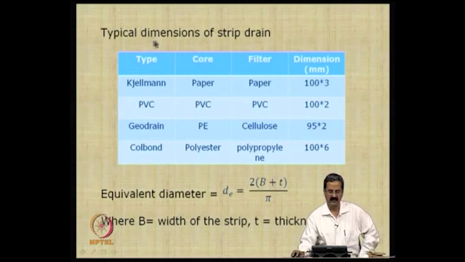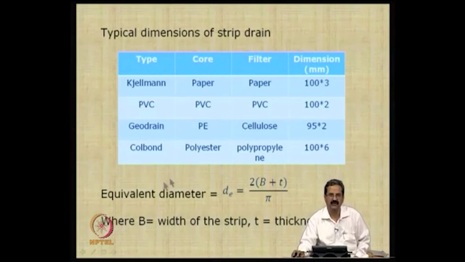Just to get an idea, it is about maybe 900 mm or something like that, and these are all different sizes, you can see. One of the popular persons who did a lot of work in vertical drains was Kjellman, and they were using cardboard paper for drainage, the inside one called the core and the outer one called the filter, with dimensions of 100 mm into 3 mm.